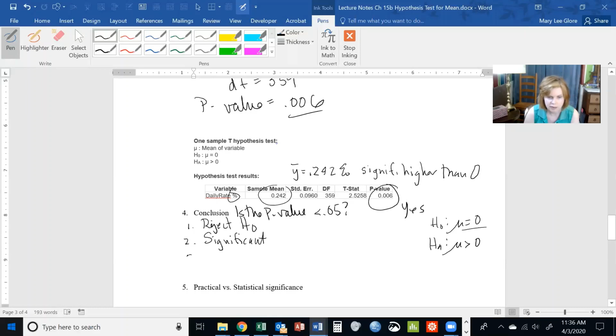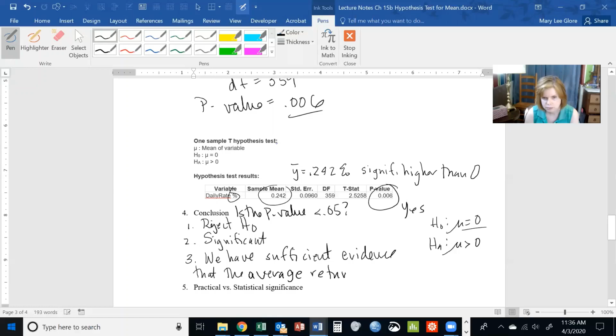And then the last one is that we have sufficient evidence for the alternate: that the average return is positive, so we're going to make money.